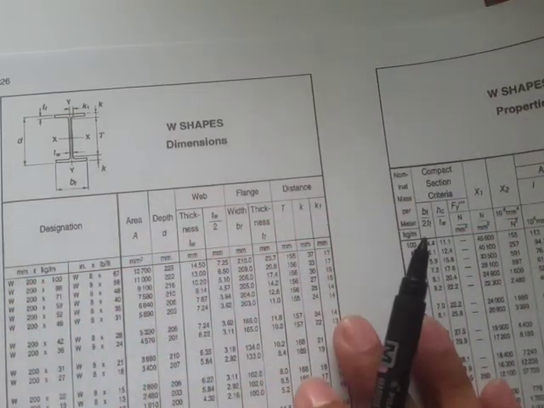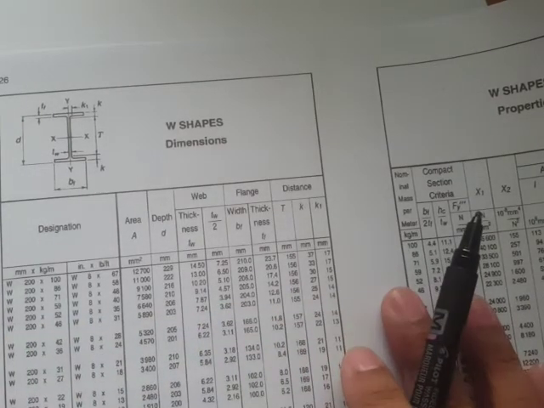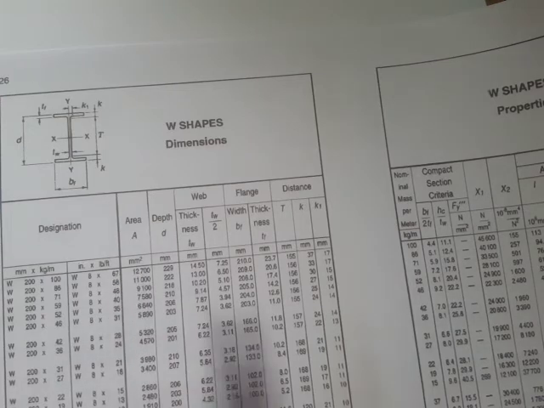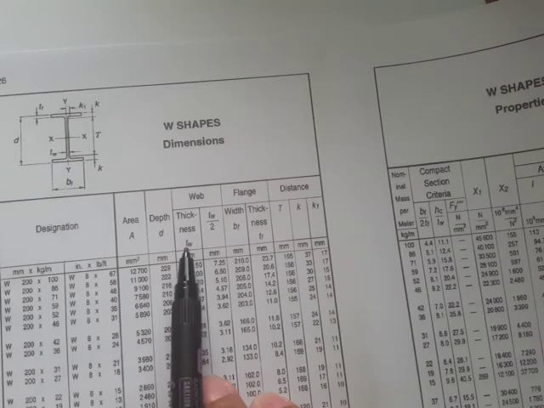In this table, you can actually find the various geometric parameters that we need in the calculations. For example, cross-sectional area, which we can find right away, in mm squared. You can also find the thickness of the web, t sub w.